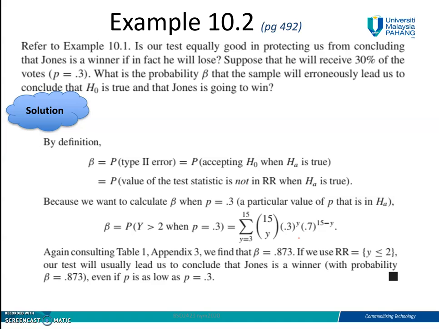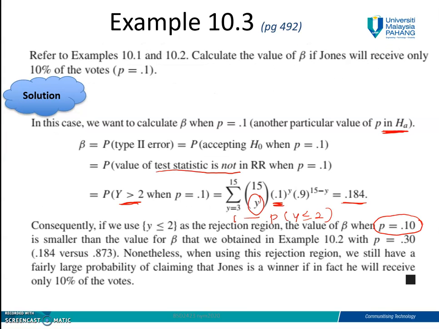So the probability is big compared to this one. But even so, this one is smaller compared to 0.87. We still have a fairly large probability of claiming that John is a winner if in fact he only received 10% of the votes. So you should understand. This is quite tricky, but if you understand, it will be okay.